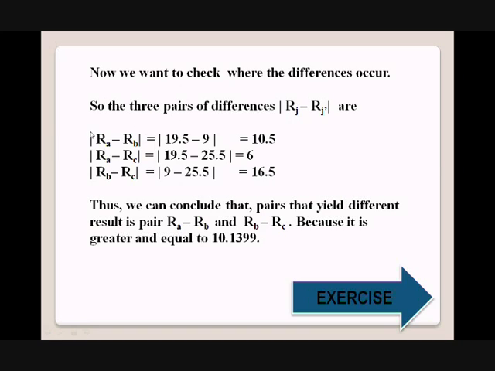From these three pairs of differences, we can conclude that the pairs that yield different results are pair RA minus RB and RB minus RC, because they are greater than or equal to 10.1399. Okay, I think that's all about the multiple comparison procedure.